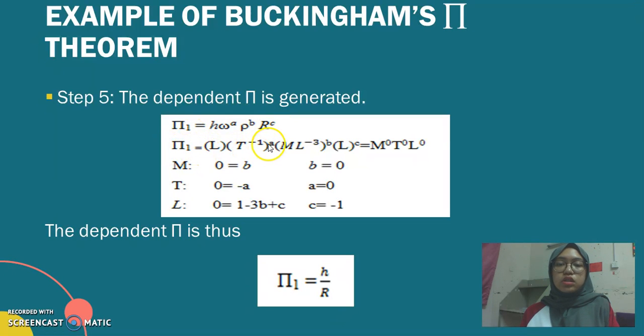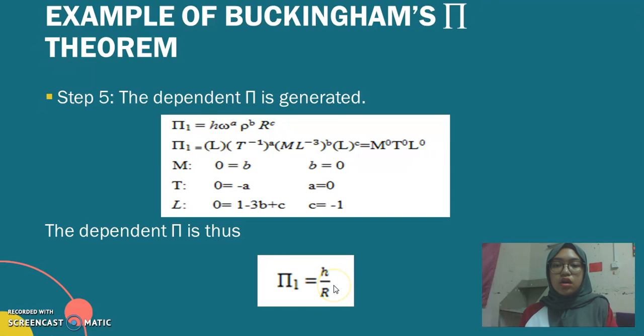List down the dimensions, then compare the powers to M to the power of 0, T to the power of 0, and L to the power of 0. We get b equals 0, a equals 0, and c equals -1. Substitute back into the original functional relationship, and we get pi1 equals h over r.